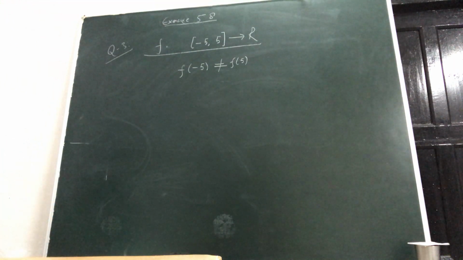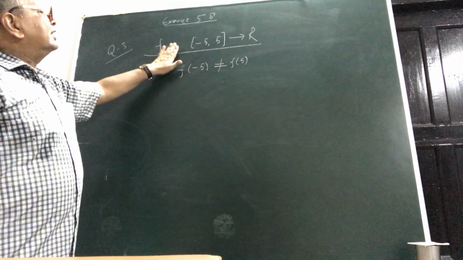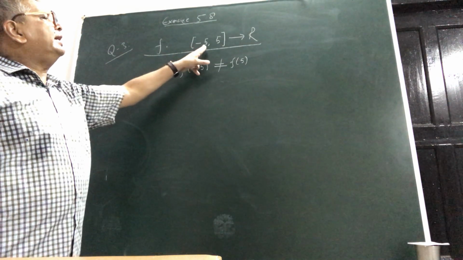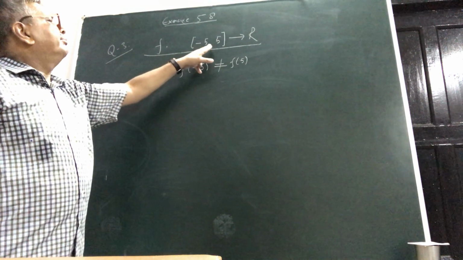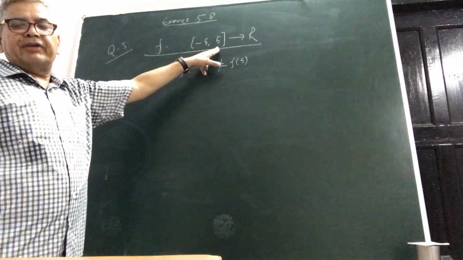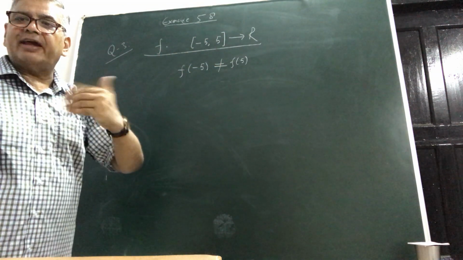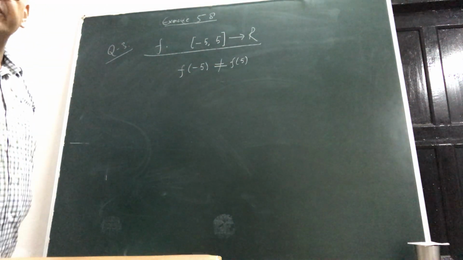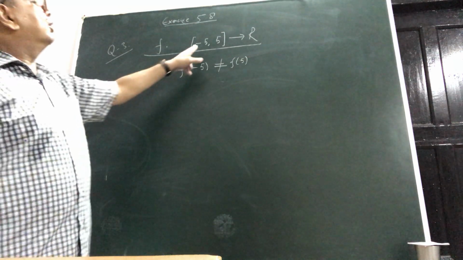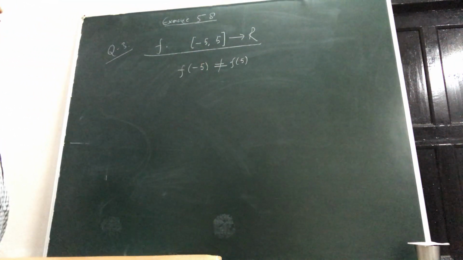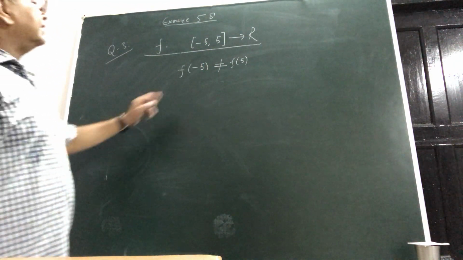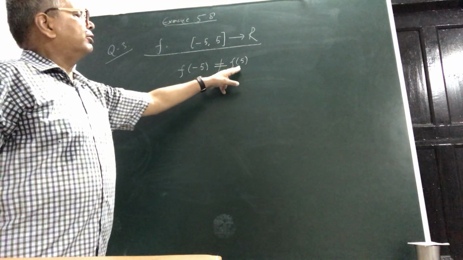Now what it says is that there doesn't exist any point in the open interval minus 5 to 5 where the derivative vanishes. That means f dash c is not equal to 0, c being somewhere in the open interval minus 5 to 5. So it says to show that f of minus 5 is not equal to f of 5.